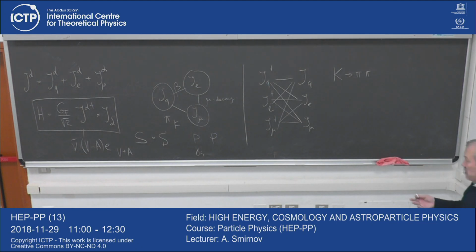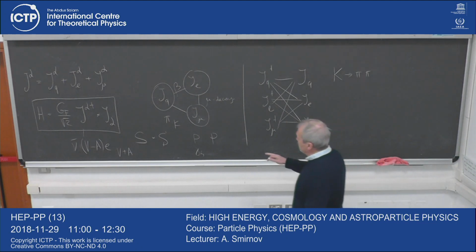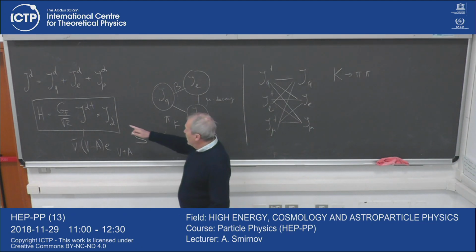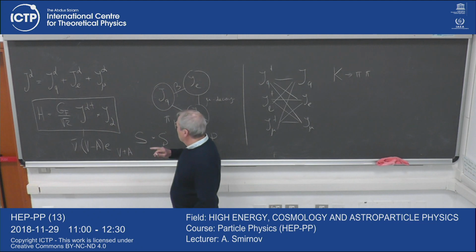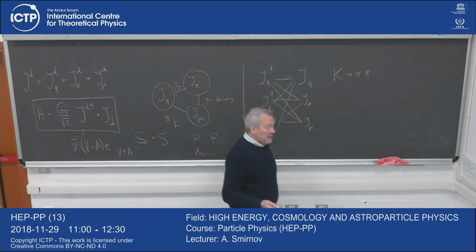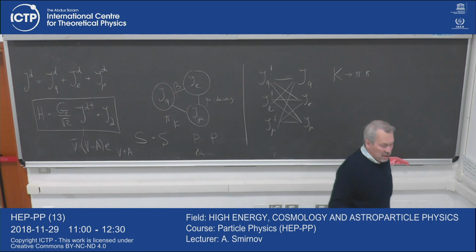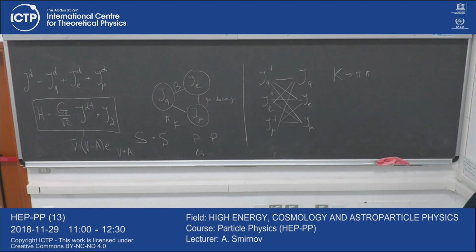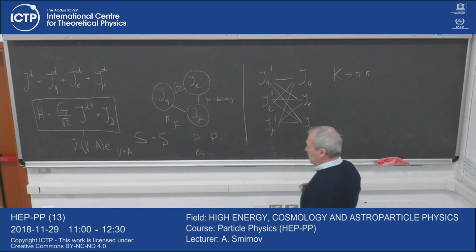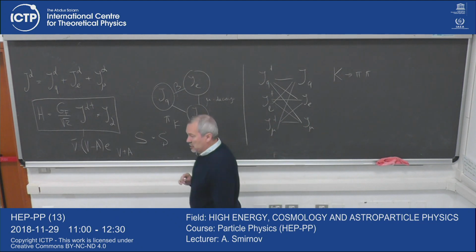Or still there's some sense to look for processes where you have not the alpha index here, so not a vector structure, but scalar or pseudoscalar, because we know that there are scalar particles. We know the Higgs is discovered. Of course, for the Higgs, the coupling is too small, but in principle, it should lead to changes of this structure.